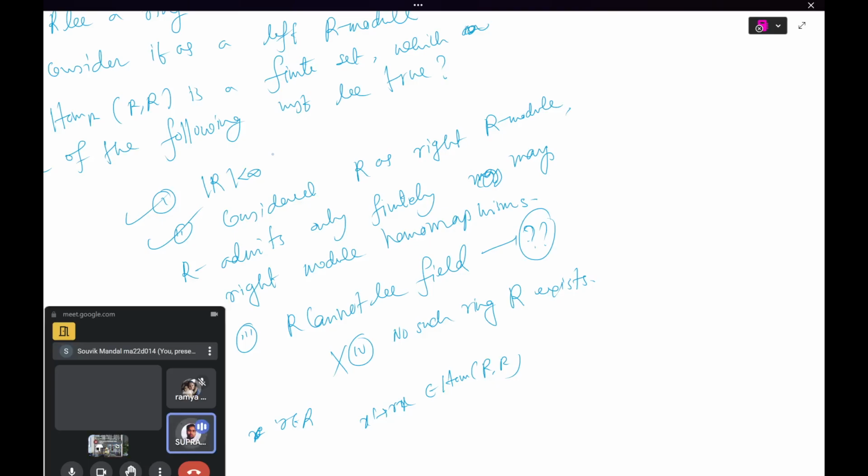Sir, I have a problem not relevant to today's class. I want to find the explicit form of the ring homomorphism from Zm to Zn, where m and n belong to the natural numbers.